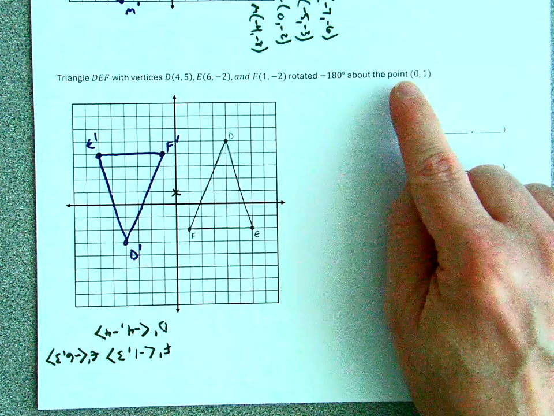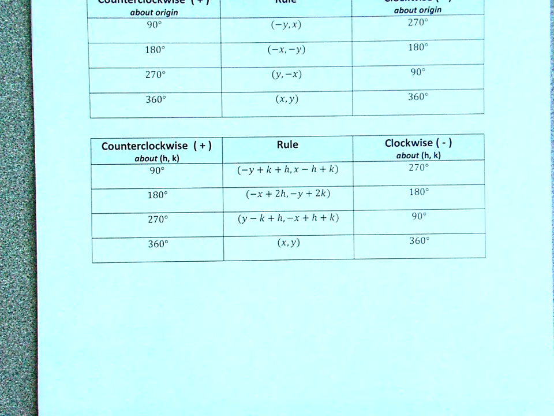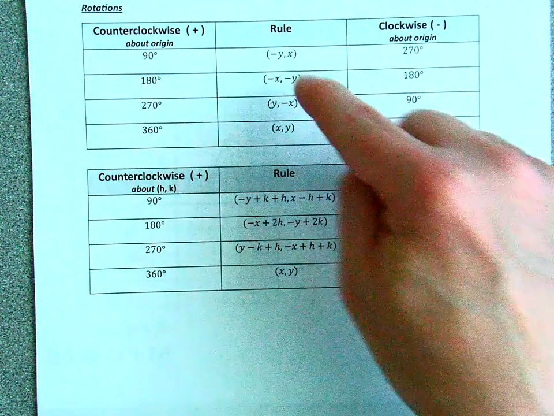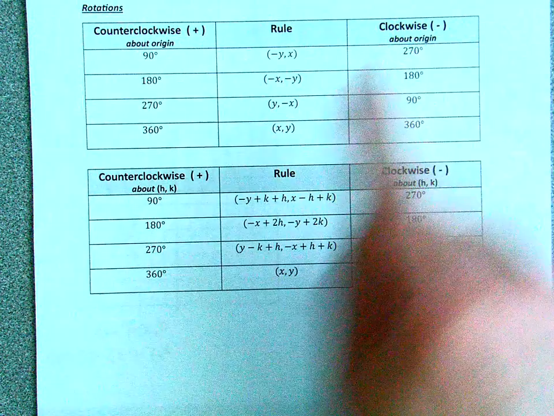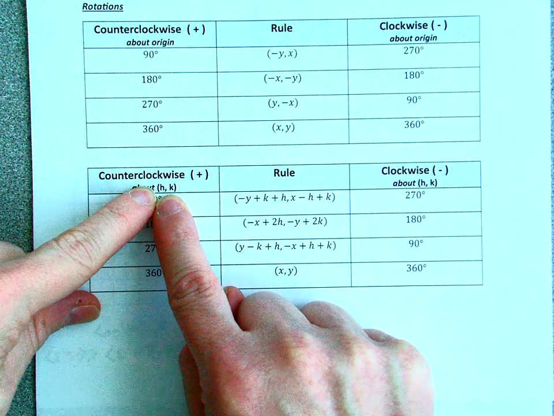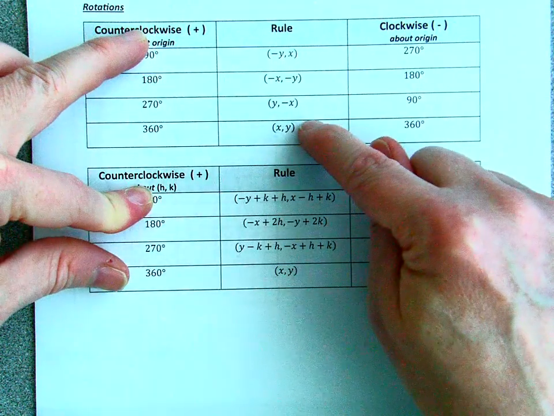Now, if we're not shifting around the origin, this is going to change the way we do these points here, because basically these rules work about the origin. So we could shift our center of rotation back to the origin so that we can use these rules.